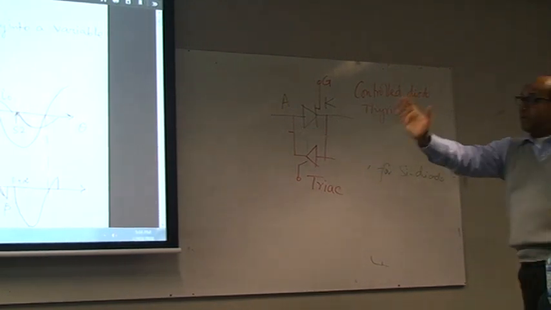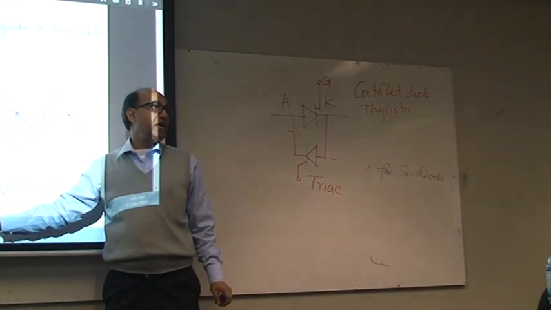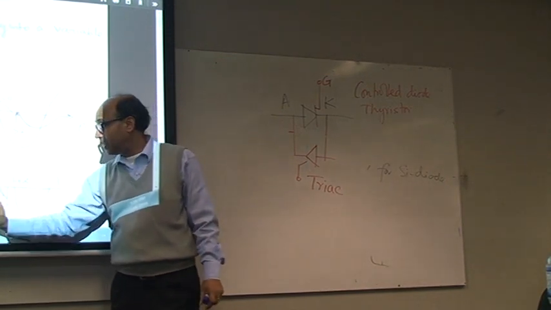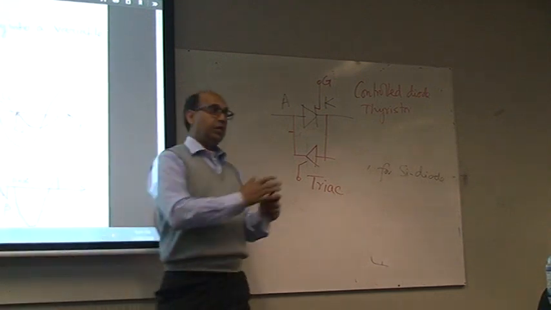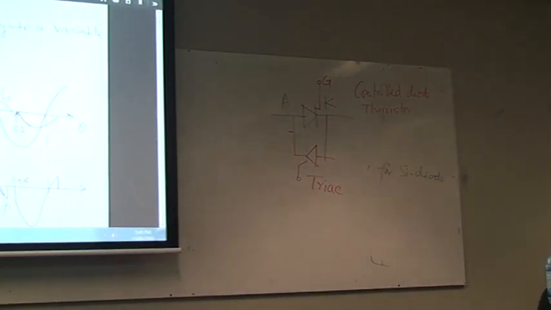This is called the firing angle, where you actually fire. You can make this firing angle or starting angle close to 180 degrees. If you give 0 degree, you are allowing the whole cycle to pass, so that is maximum power. But if you make it 180 degrees, you allow 0 power. So you can control the power input, and the power input is related to torque.